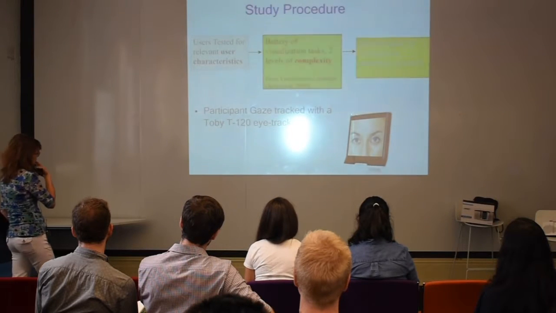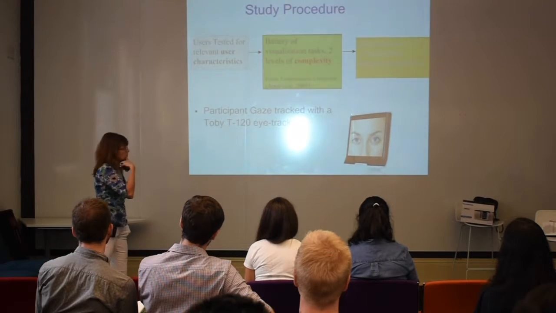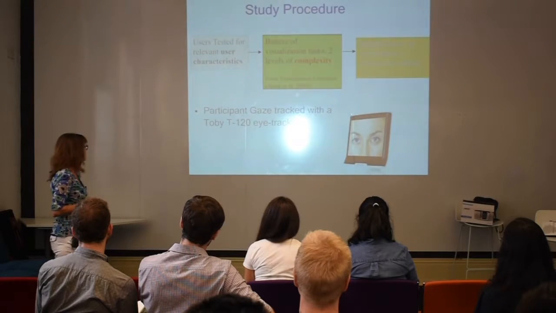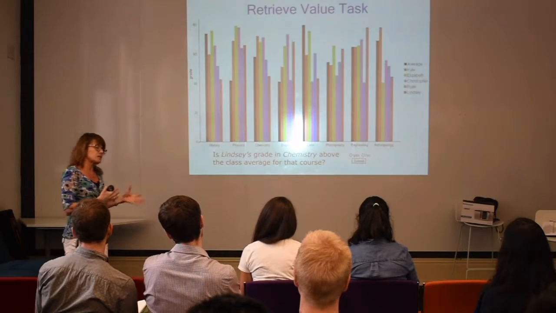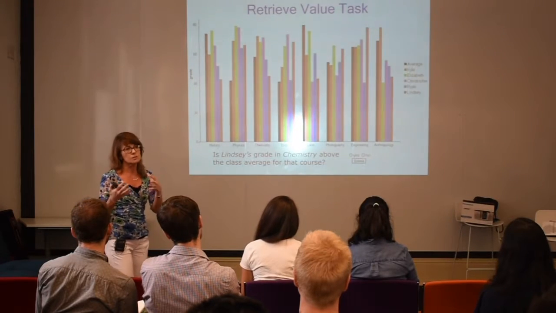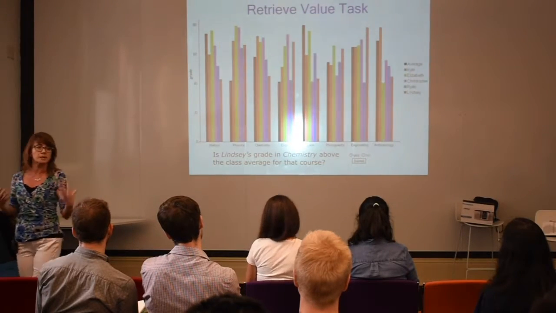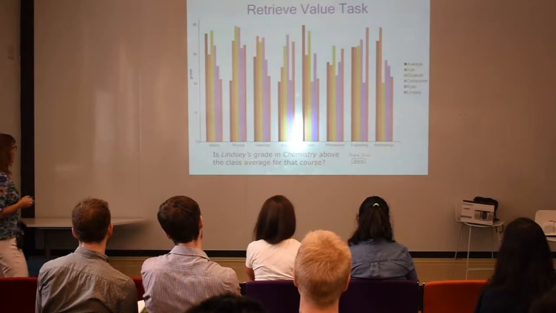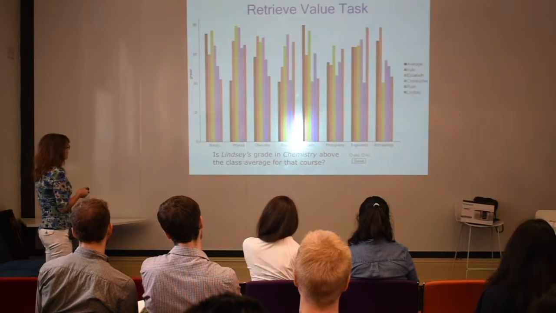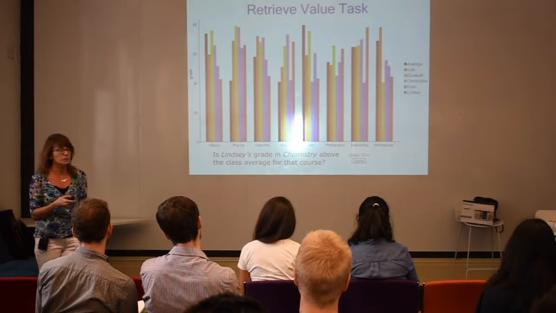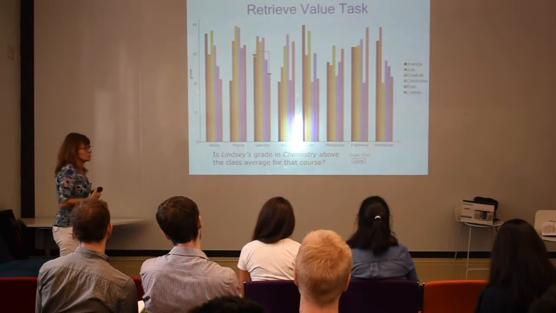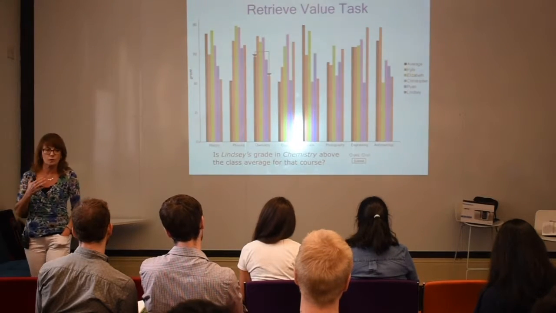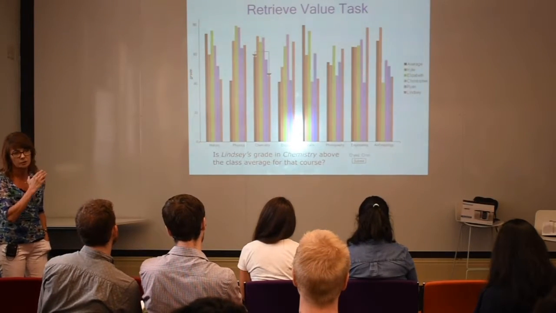The users were completing two types of visualization tasks. We wanted to give them a simple task and more complex ones to see if task difficulty would impact our results. The simple task is called retrieve value. Questions related to this task ask users to identify a specific value in the data set.